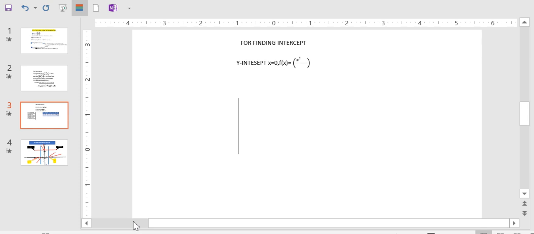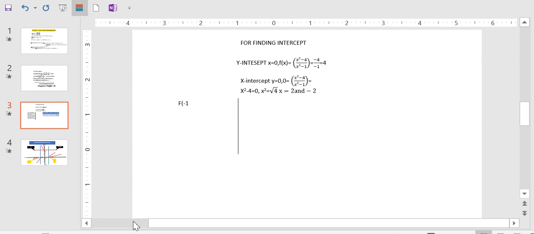For the x-intercept, it is where y is equal to 0. For the y-intercept, it is when x is equal to 0. So we start with the y-intercept, where x equals 0, and we have negative 4 over negative 1. The y-intercept will be equal to 4.